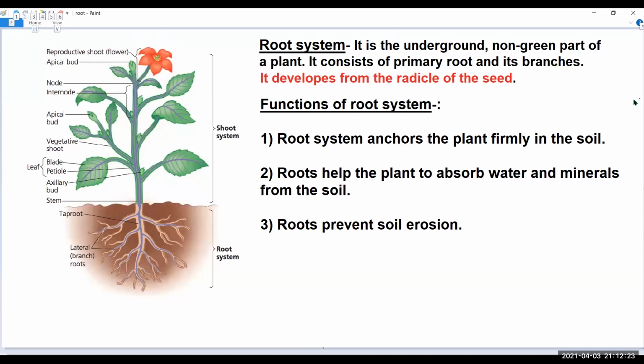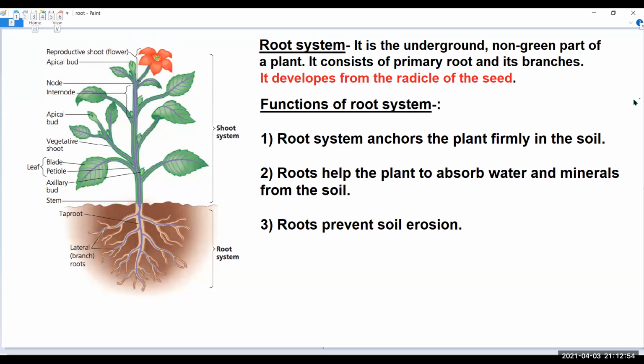Let us discuss the root system first. As you know, root system is the underground non-green part of a plant. It consists of a primary root and its branches. It develops from the radicle of the seed.